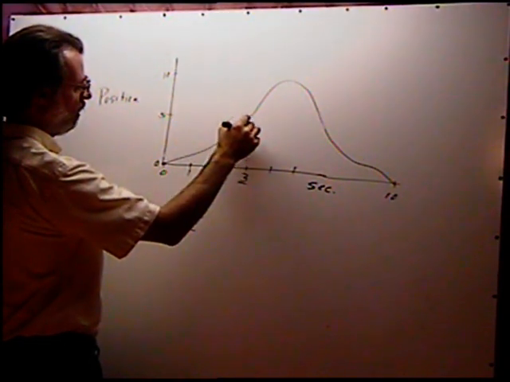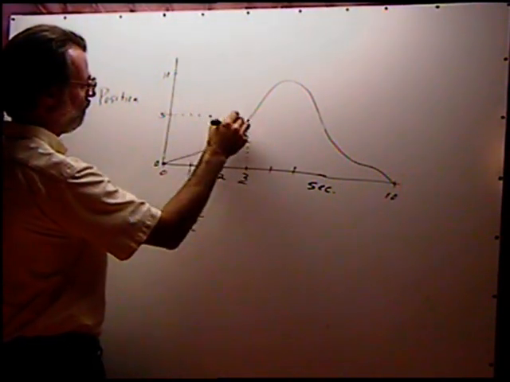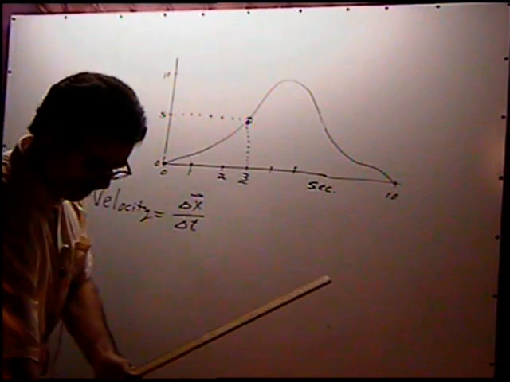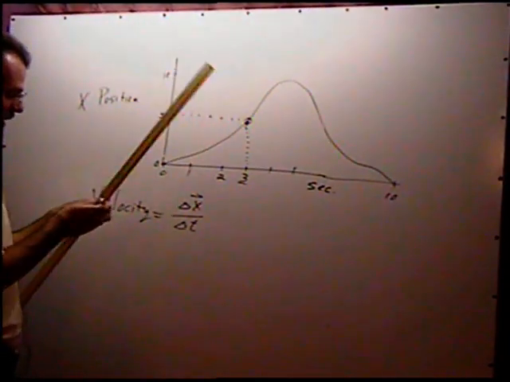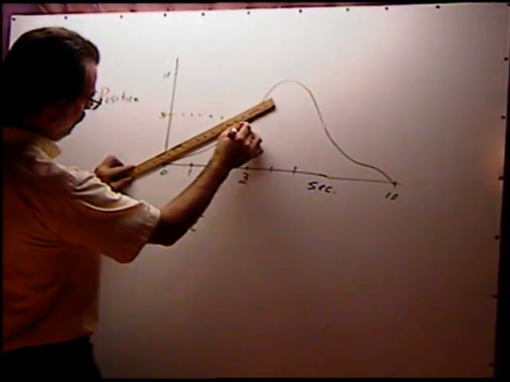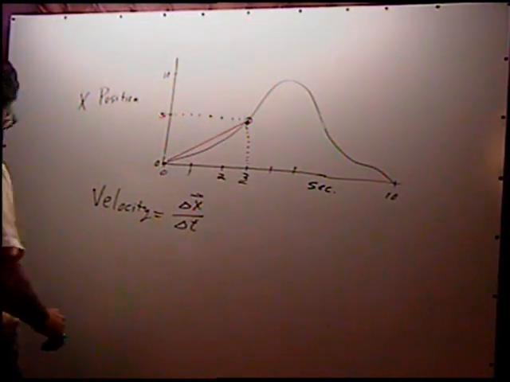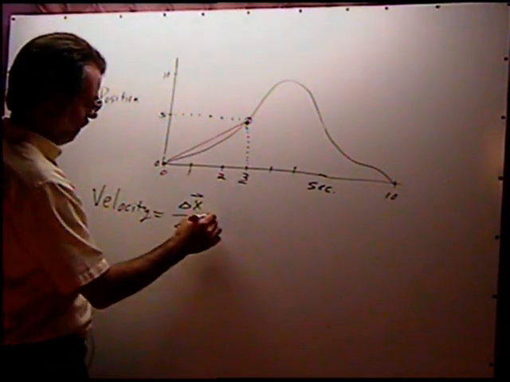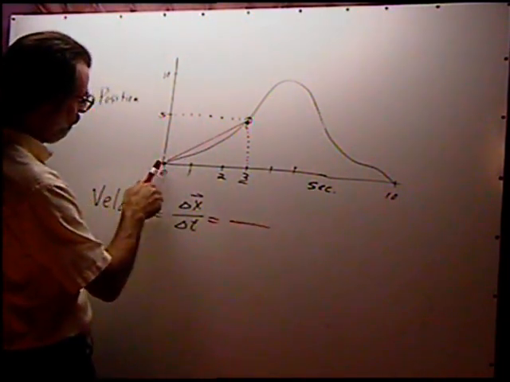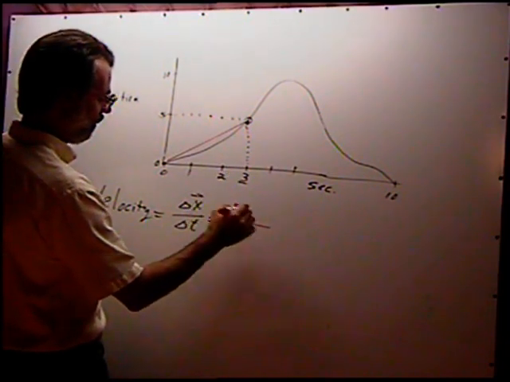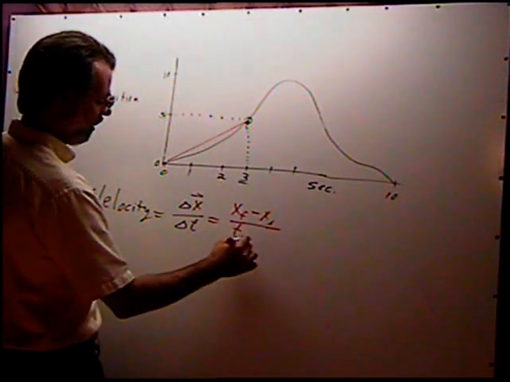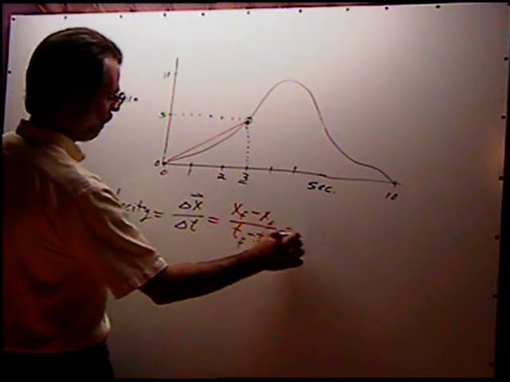my x position right here is right at 5. So if I take a straight ruler and I plot a line from here to here, the definition of delta is the final minus the initial, and the t final minus t initial.